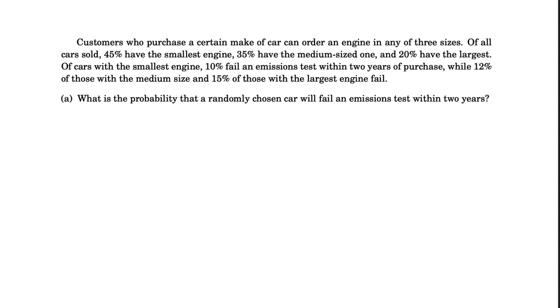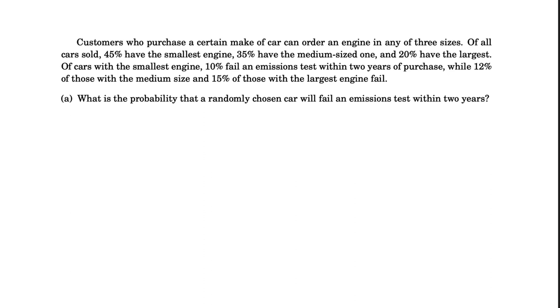So the first question is, if we randomly choose one of these cars, what is the probability that it will fail an emissions test within 2 years, right? So there's a lot to unpack here.